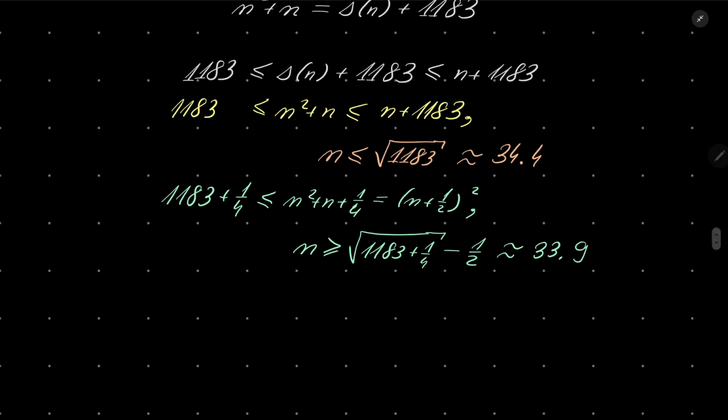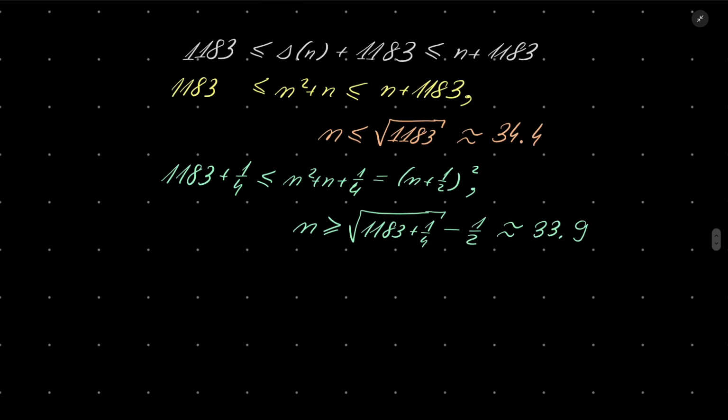And now we see that the only n which is between these two numbers is 34. So it is implied at this point that n must be equal to 34.